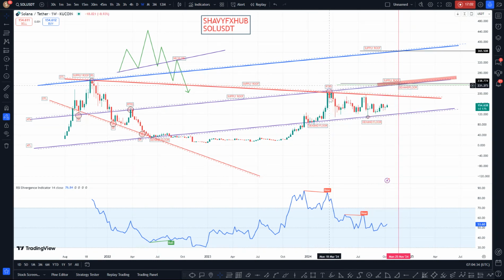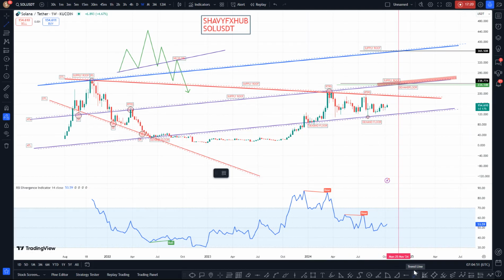We hope that the momentum does the needful to break out the structure. If it does that, that will be fine. But let's look at if we find other price action along the way.